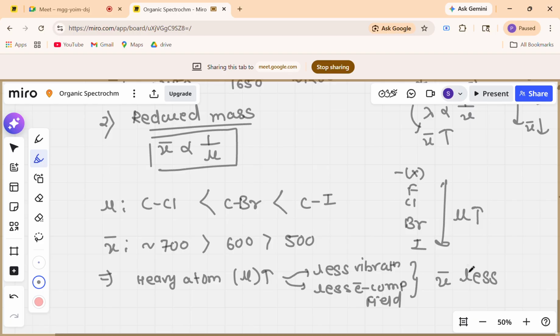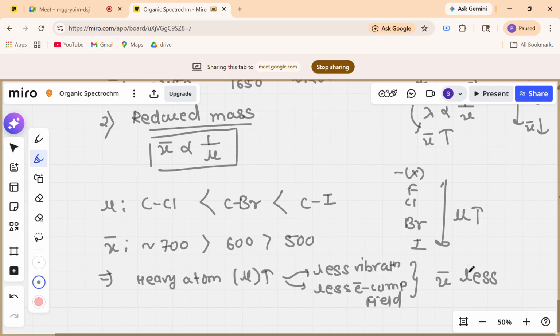You require more force, or more energy, to induce the same vibration in the lighter and the heavier one, right? So if we are providing the same energy, then the lighter one of course will give you the higher vibrational motion, whereas the heavier one will give you less vibrational motion.